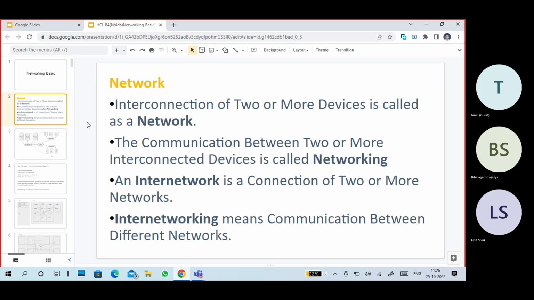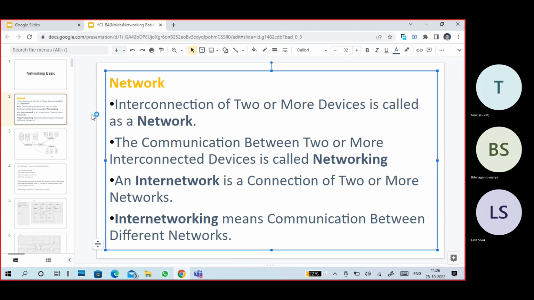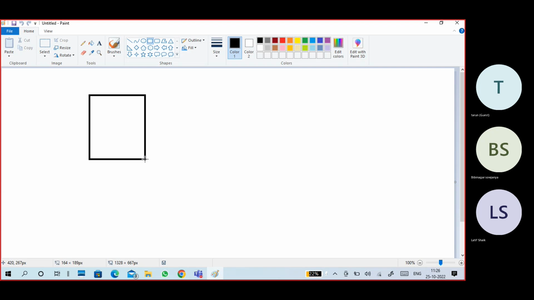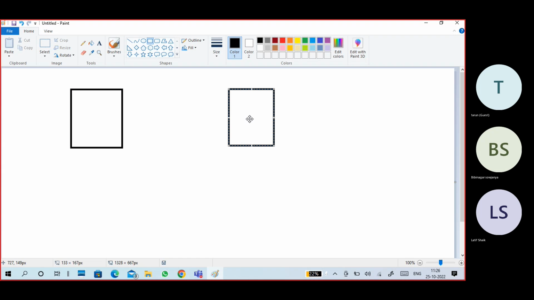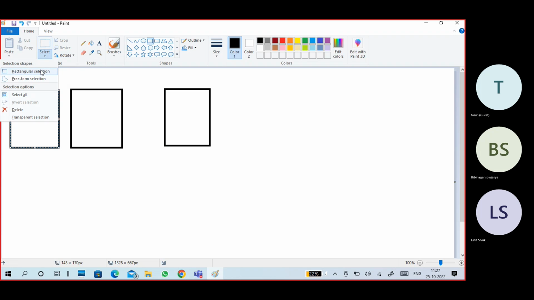Interconnection of two or more devices is called a network. It means you have devices, either two or more devices.